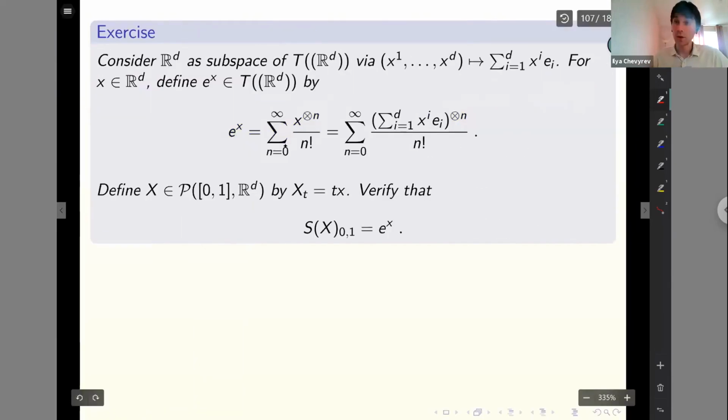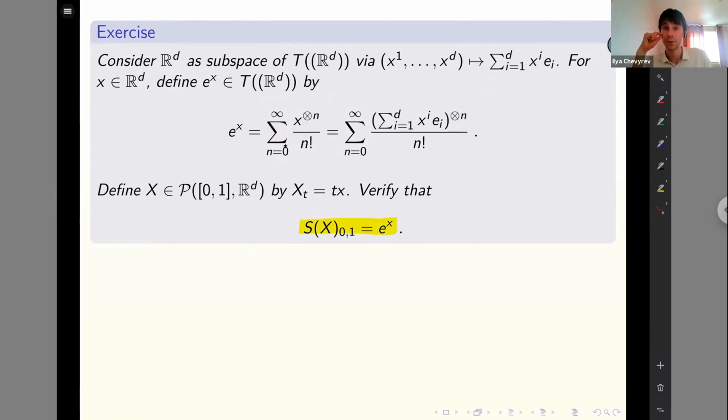So then if I look at the natural linear path that goes from 0 to x, the content of the exercise is to verify that the signature of this path that goes from 0 to x is equal to this exponential of x.